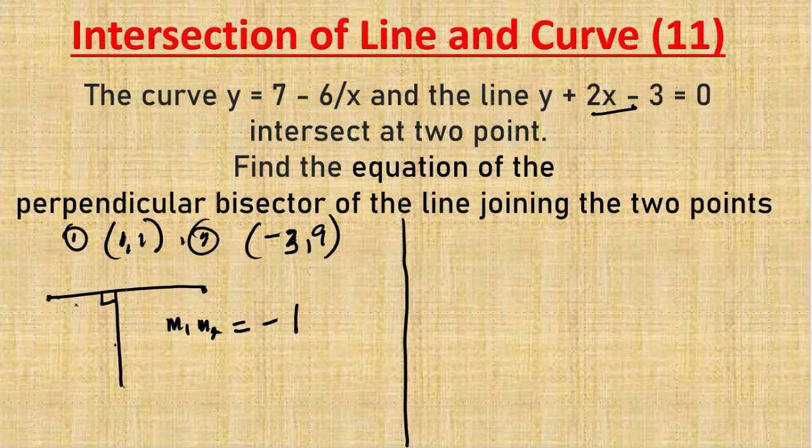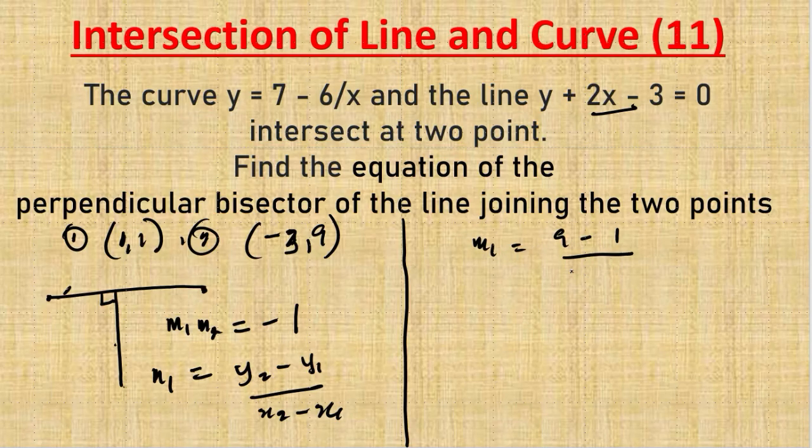Now let's find the gradient of this line first. Let's call that m1, so m1 is y2 minus y1 all over x2 minus x1. So m1 is 9 minus 1 all over minus 3 minus 1, which equals 8 over minus 4, which equals minus 2.